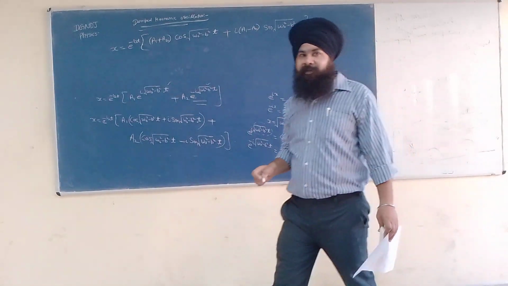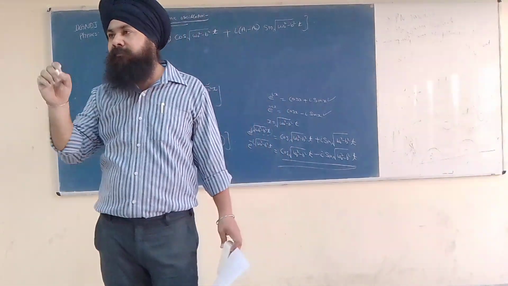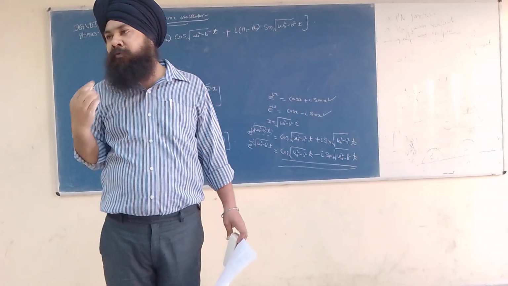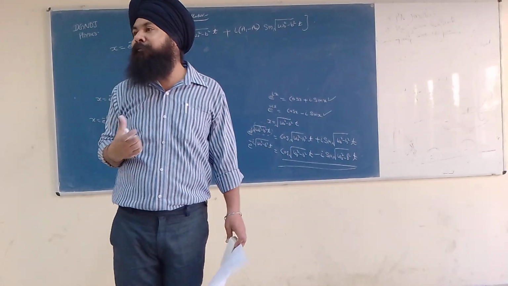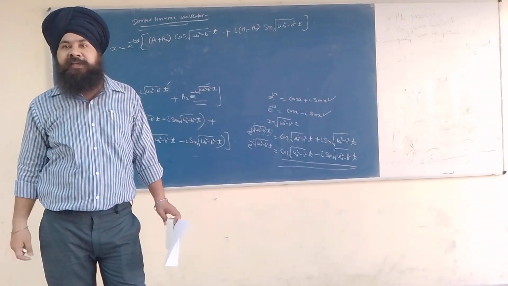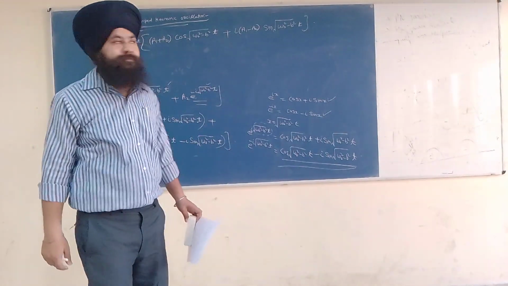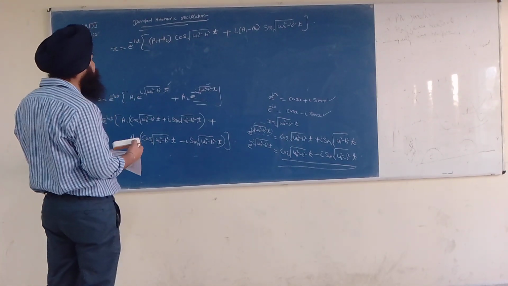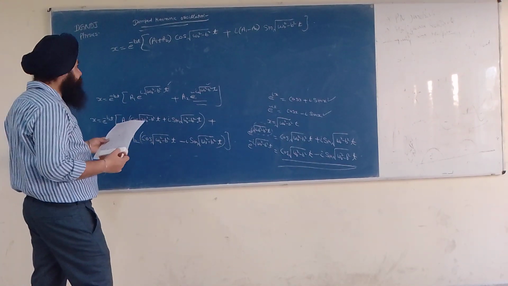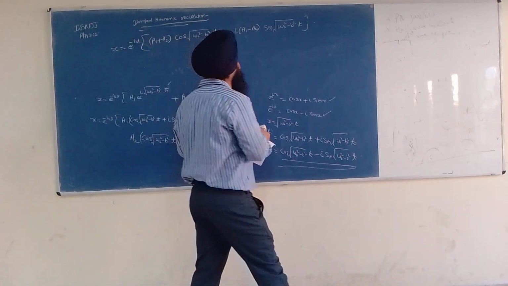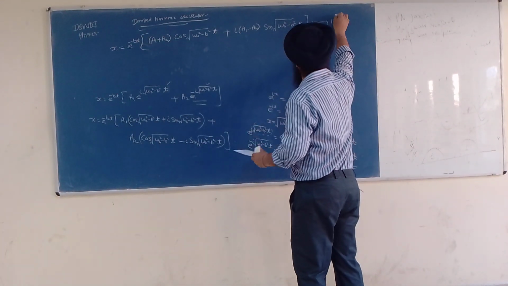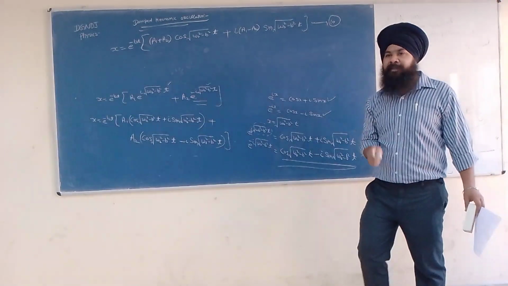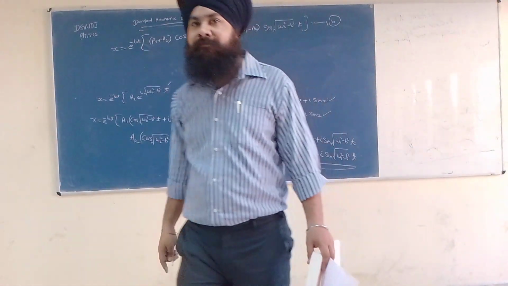So we have to maintain very rigorous focus on this because it's very lengthy mathematics. So this is the equation: a1 plus a2 cos of square root of omega naught square minus b square into t plus iota a1 minus a2 sin of square root of omega naught square minus b square into t. Let us say this is equation number 10. Please tell me if you have any difficulty till now.